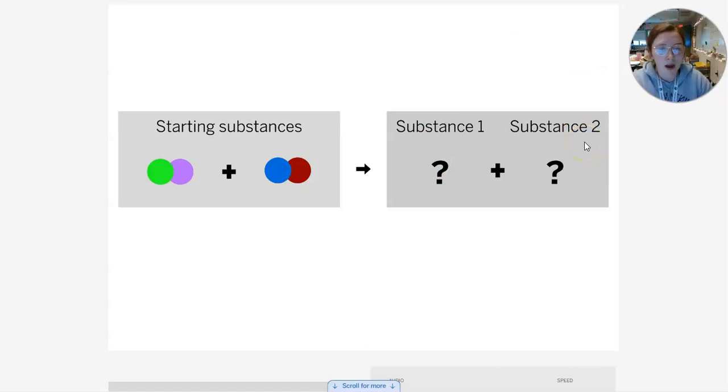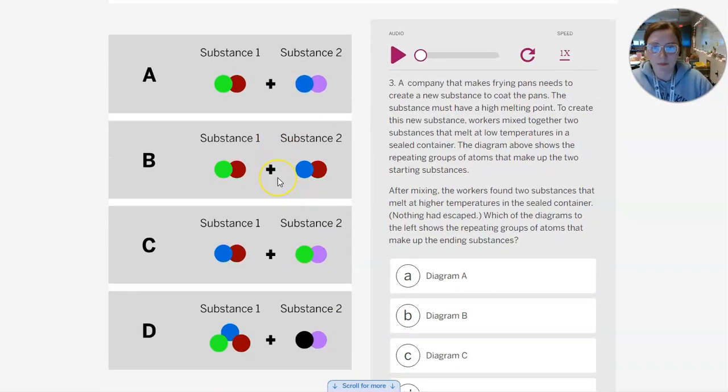So if my properties are different, can I have either this molecule show up here or here? No, because they're different. So they have to rearrange somewhere. So I have a green and a purple and a blue and a red.